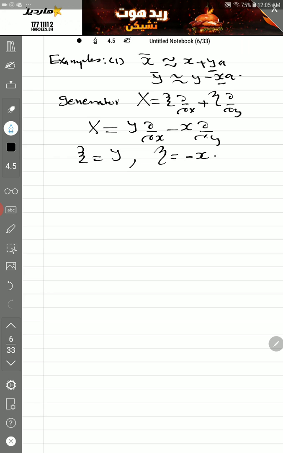Let's now solve the Lie equations. I will write dx bar over dA equal to zeta, which is y here. Let's evaluate zeta and eta before I write the Lie equation.